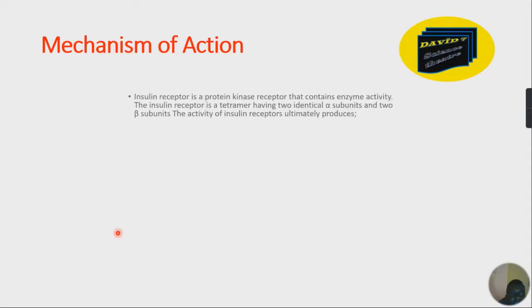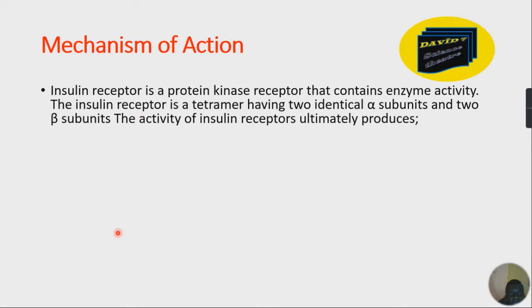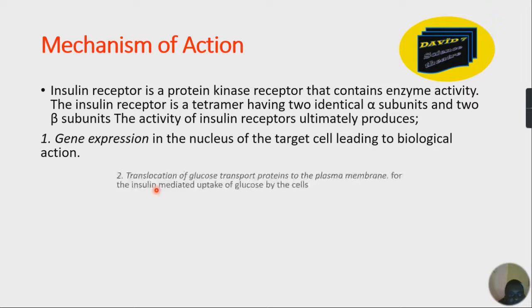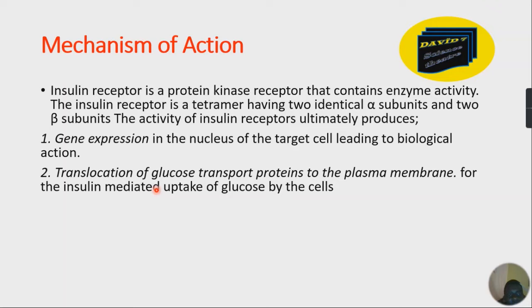Okay, how does insulin work? The insulin receptor is a protein kinase receptor that contains enzyme activity. The insulin receptor is a tetramer having two identical alpha and two beta units. The activity of the insulin receptor ultimately produces the following effects. One, gene expression in the nucleus of the target cell, leading to biologic action. Two, translocation of glucose transport proteins to the plasma membrane for insulin-mediated uptake of glucose by the cells.